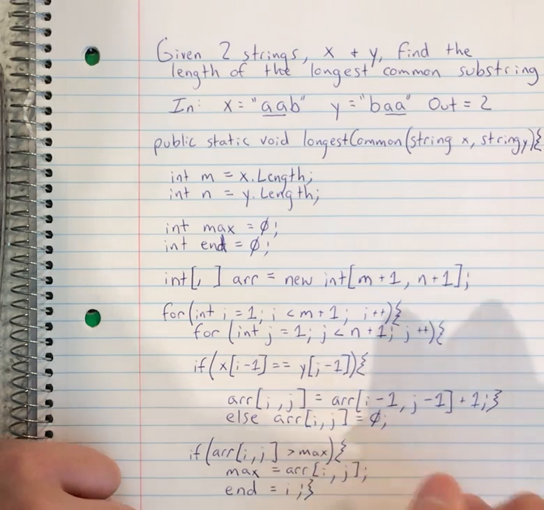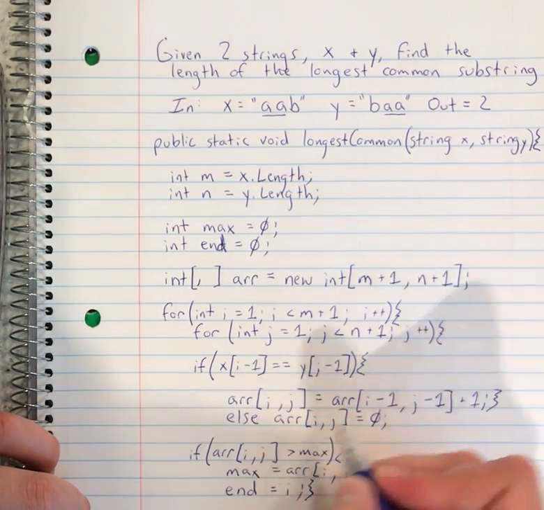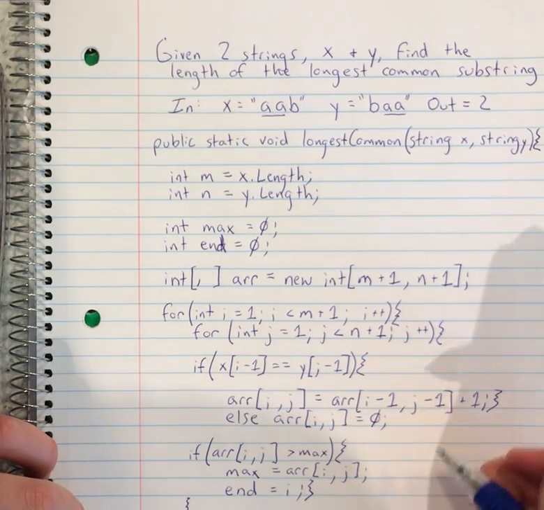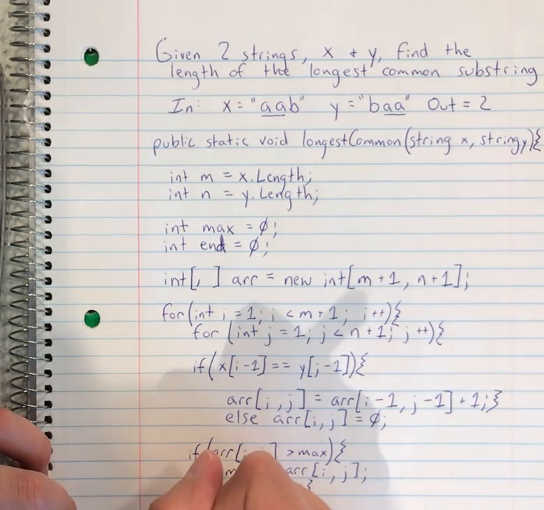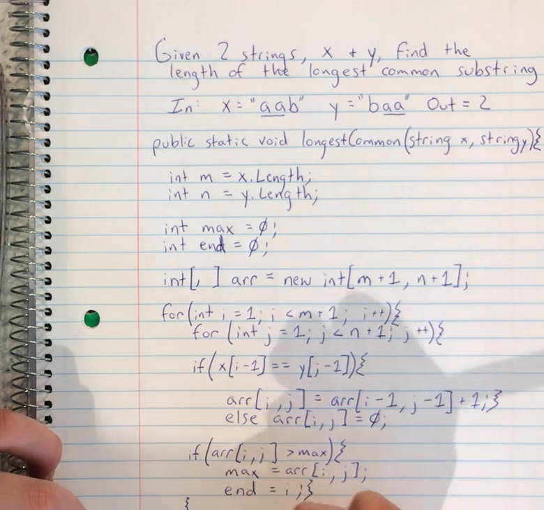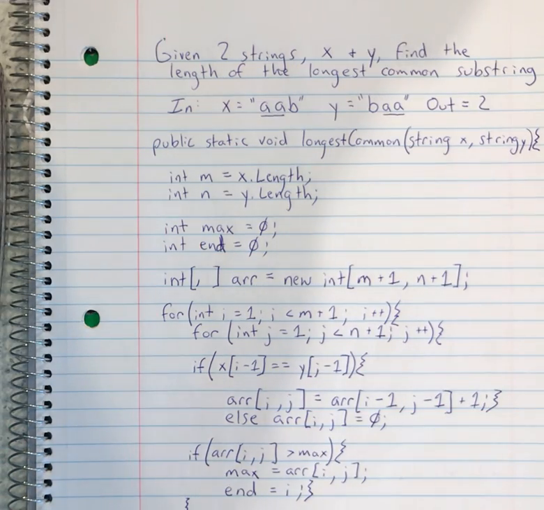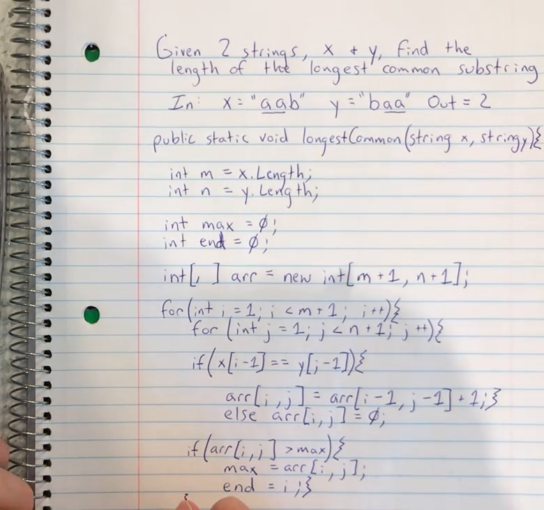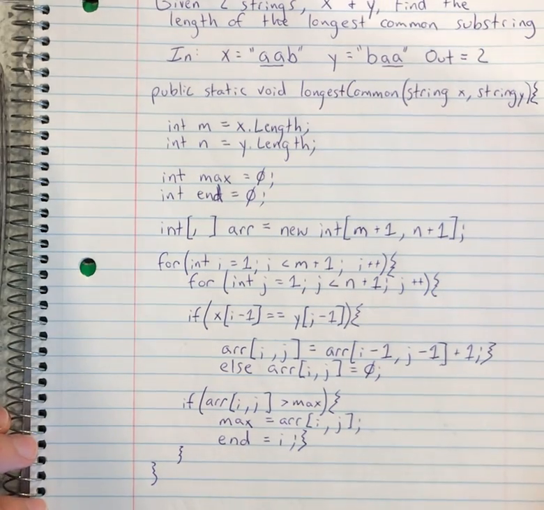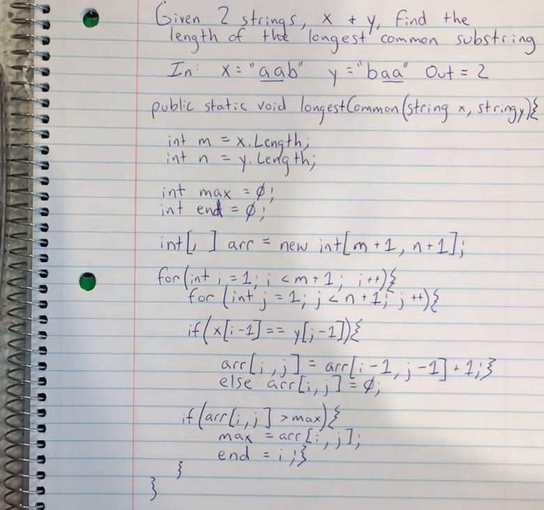So I'll close off this if. I'll close off the inner for loop here. I will close off the outer for loop. Okay. Now I could print out the substring itself, but that's not what the problem asked for.